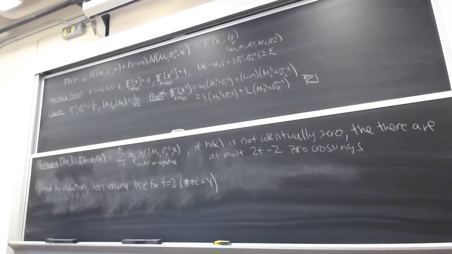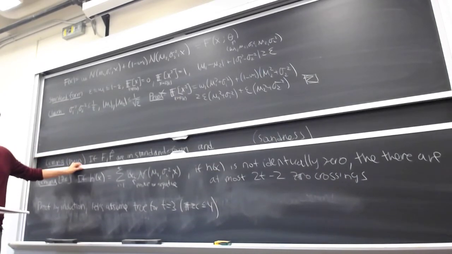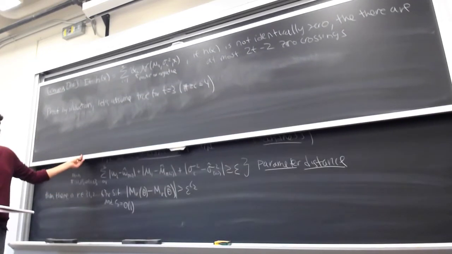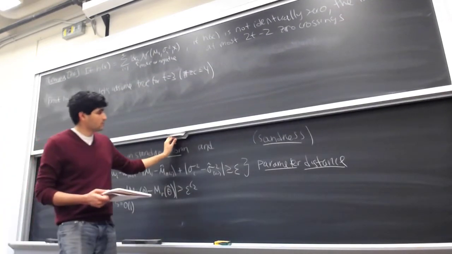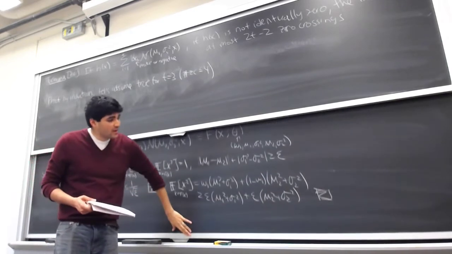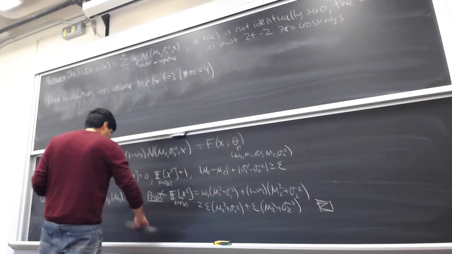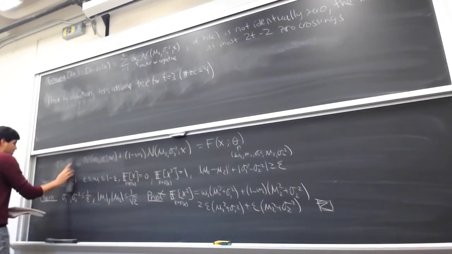All right, so the only way I know how to do this is to assert some facts that look a little bit strange at first, but let me demystify them in a second. After all, nothing in our argument so far has relied on the fact that we're working with mixtures of Gaussians.